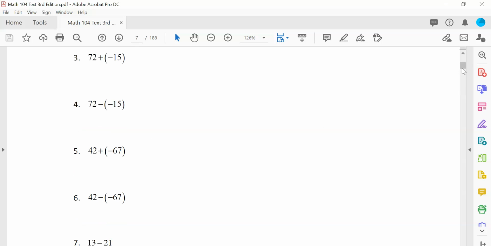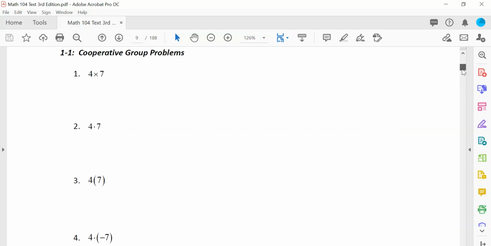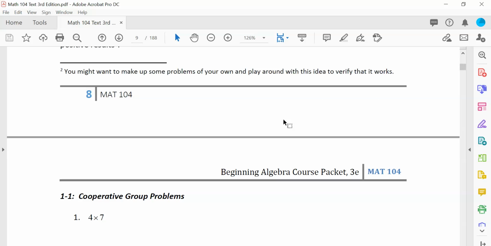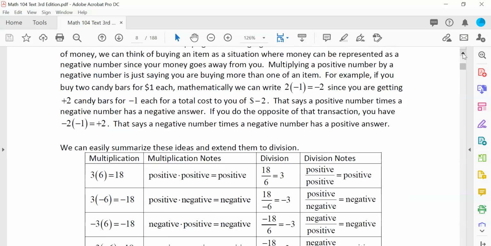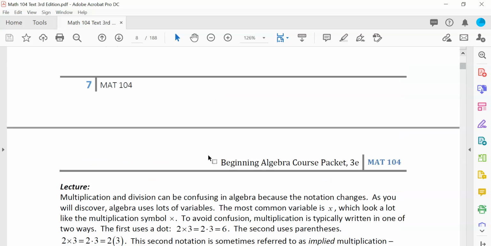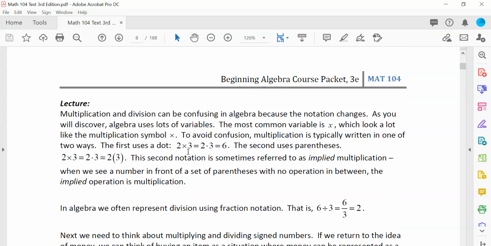Now, the other part of section 1.1, the next part, is multiplication and division. Hopefully we're going to focus on the different multiplication and division signs and notation.